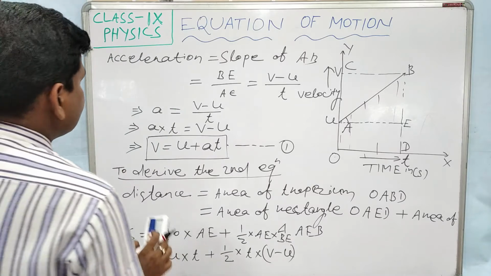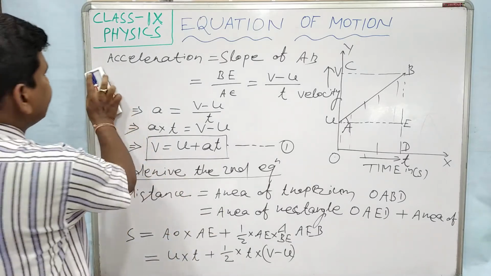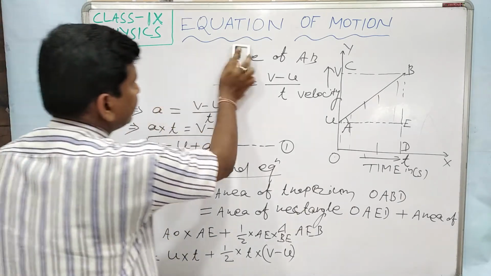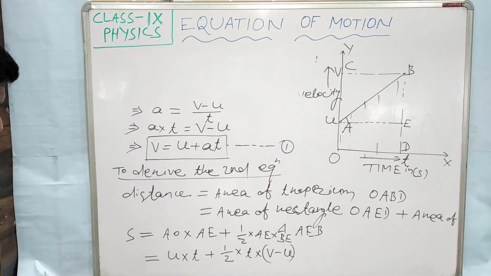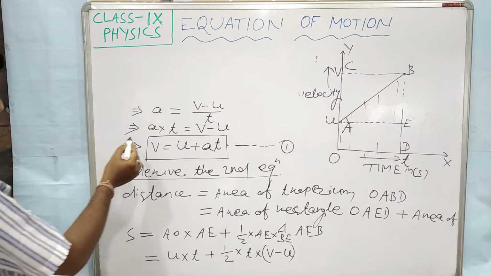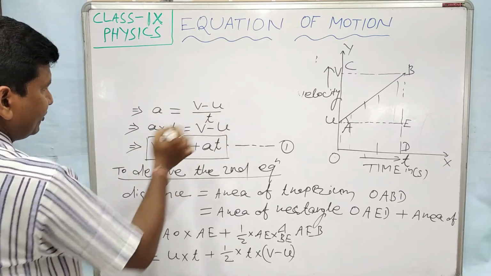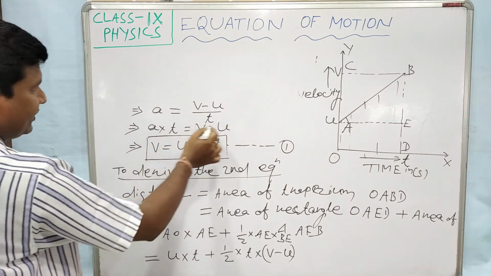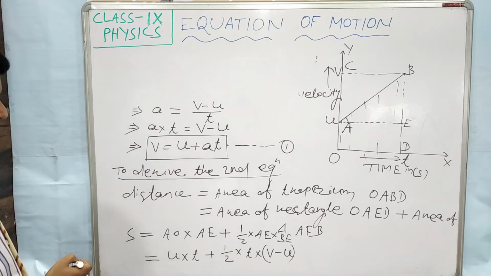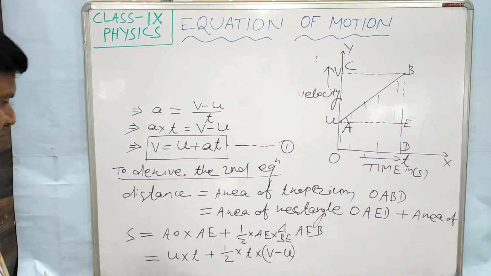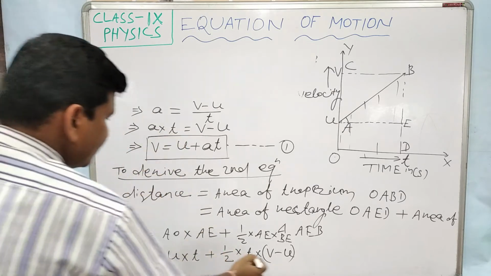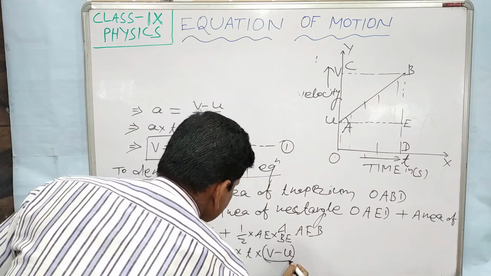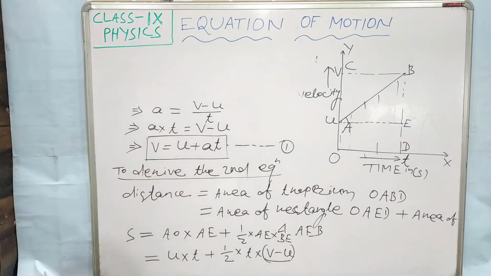Okay. So now I am writing over here. See this equation, the first equation of motion. Here we got A is equal to V minus U by T, and A into T is equal to V minus U. So in place of V minus U, what can we write? A into T, from equation 1 we can write AT.